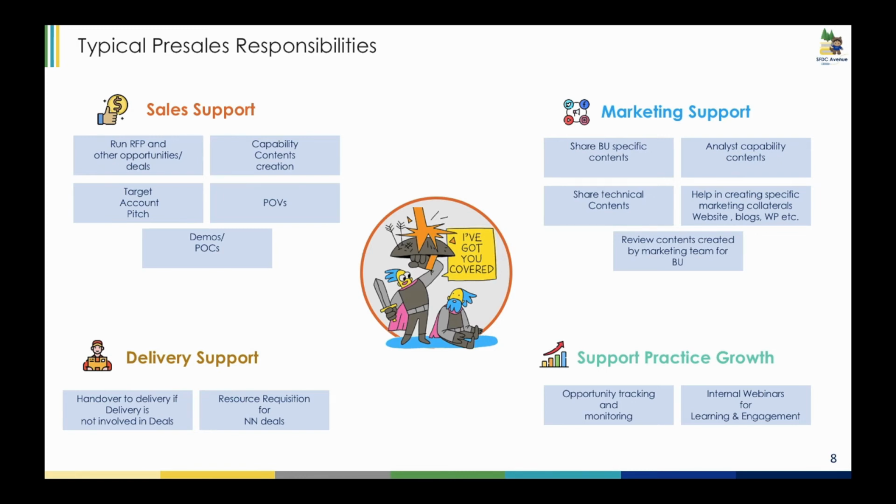We need to track active opportunities, hot opportunities, warm opportunities, and the opportunities that are blue sky. And we need to make sure that they are being pursued by the salespeople in the right manner, and we need to track them accordingly.